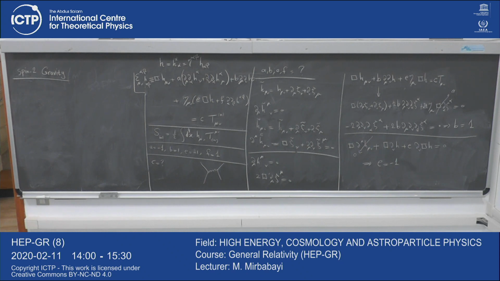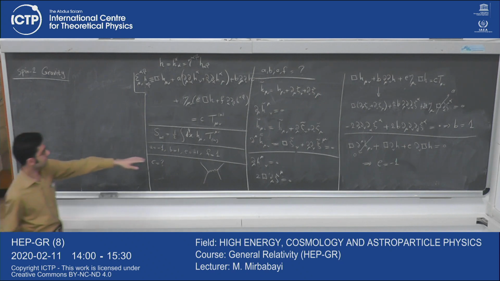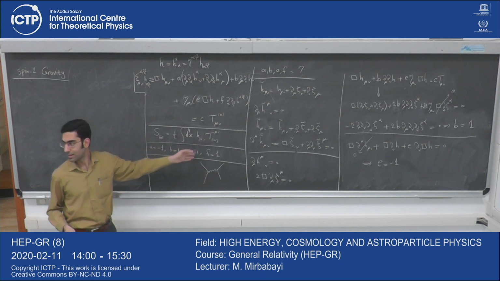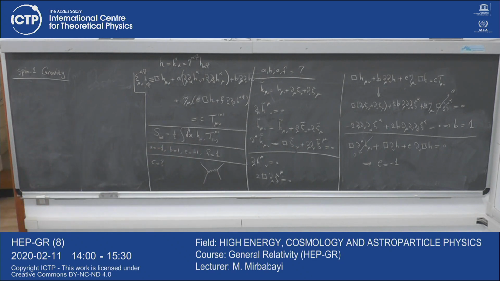T mu nu, you already know what it is, right? You just consider some scalar field, you know how to write this. But what about the vertex? Oh, I have written it here. So it's nothing beyond what you already know.